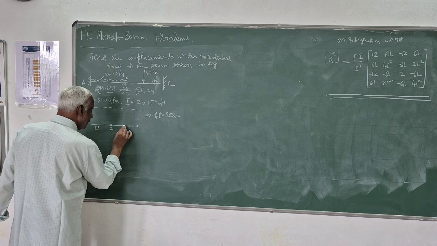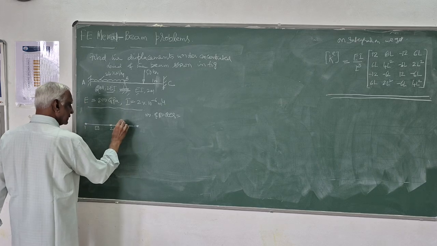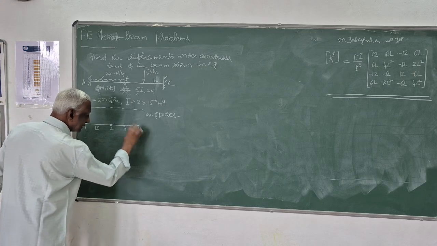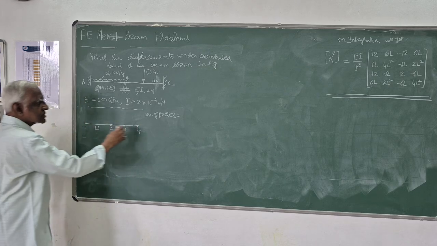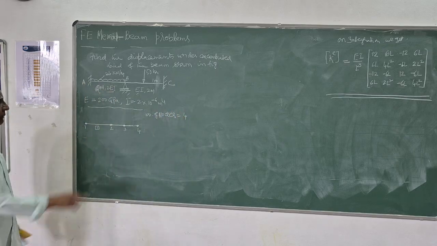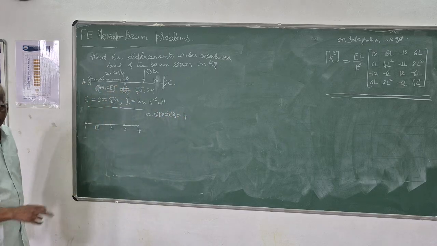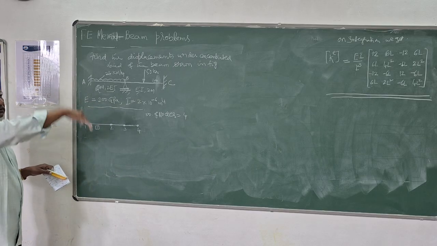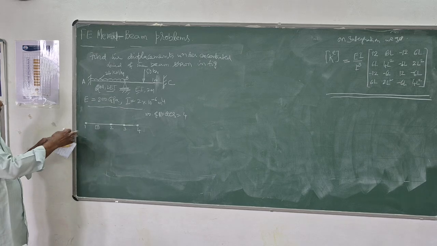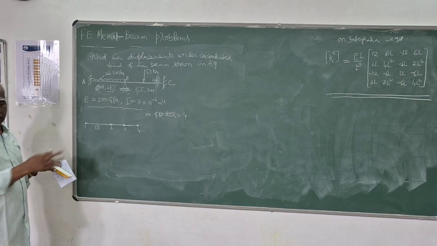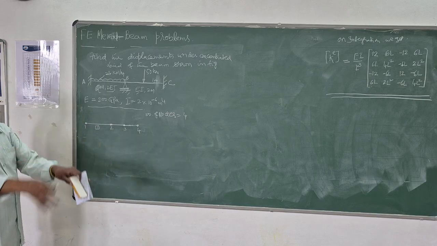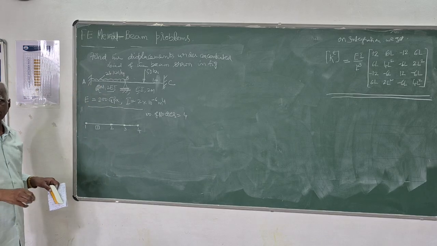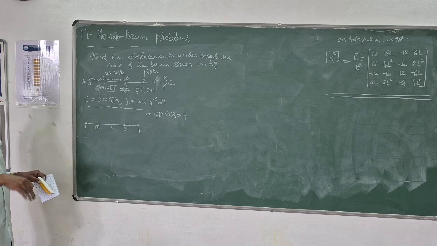So I have to select one more node here since there is a concentrated load, 3, and this is node 4. So the number of nodes is 4. If there is a moment given at any point in the problem, I have to select that. If it is a surface load, due to surface load, I have just given the expression already. And while deriving the stiffness matrix, the element equation, Kd is equal to F, I have already given how to calculate the equivalent load for a surface load or body self-weight, body force.